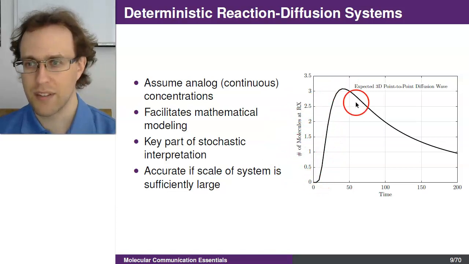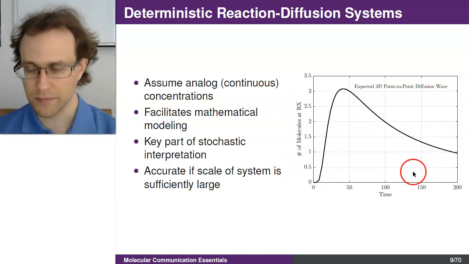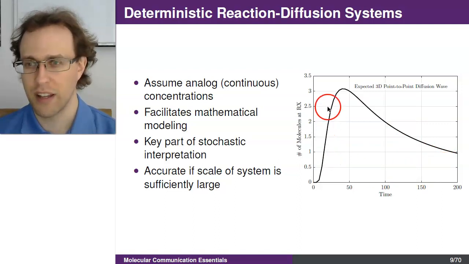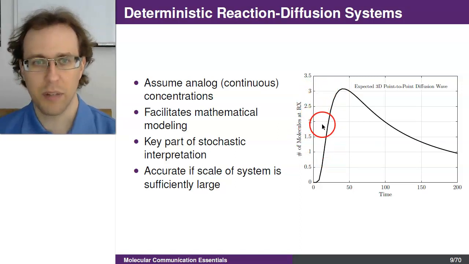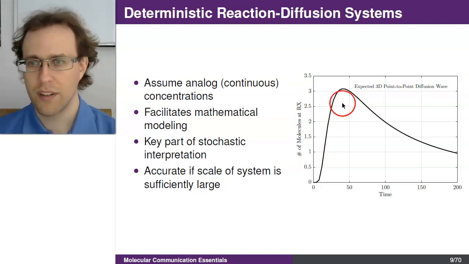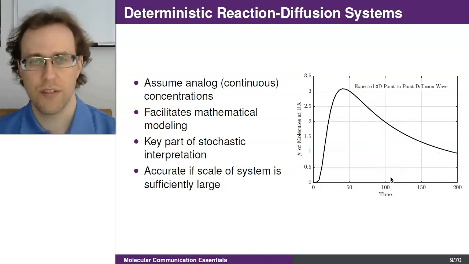And we have this continuous curve. So it's continuous time and it's analog in value. So it can take values that are even between, let's say, discrete numbers of molecules, when really if you're counting molecules you should only have an integer number. But in a deterministic approach, we're considering analog concentrations.